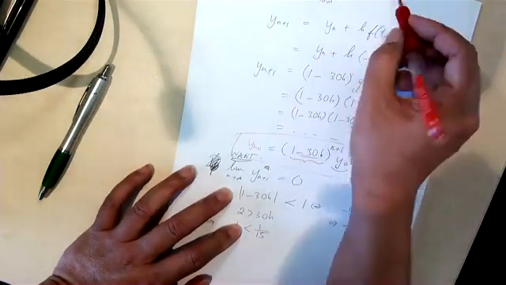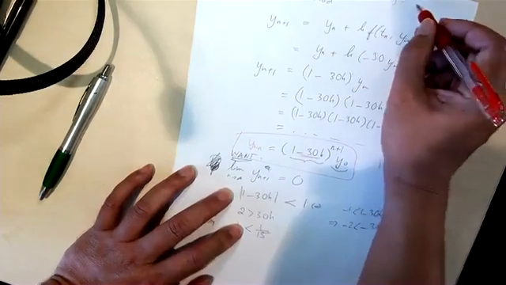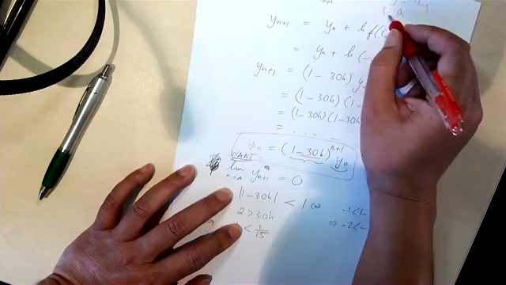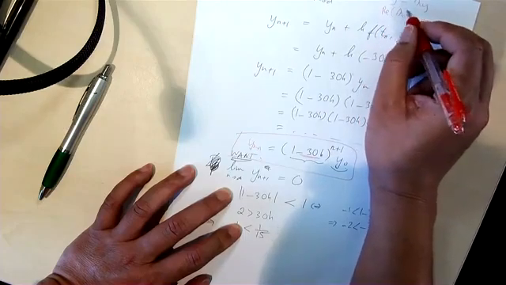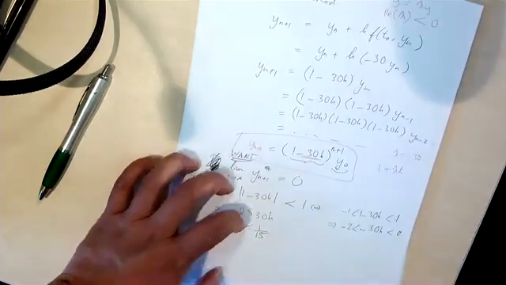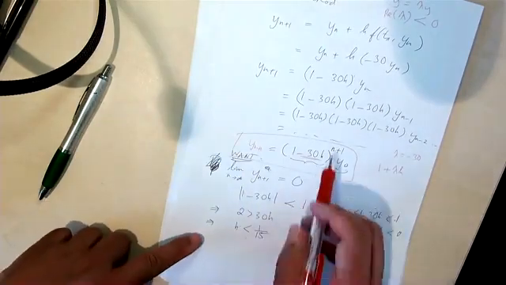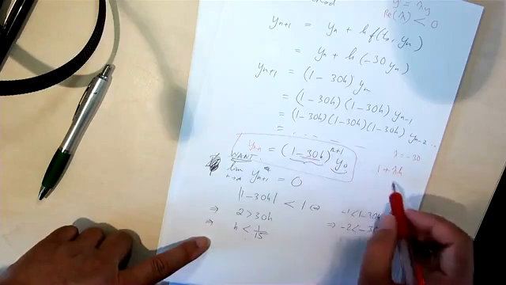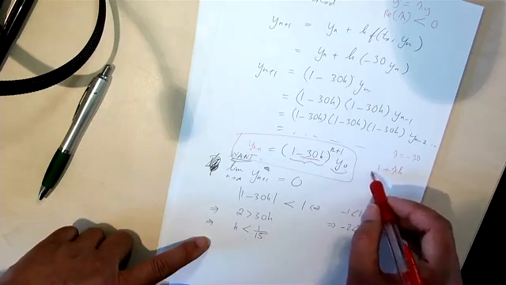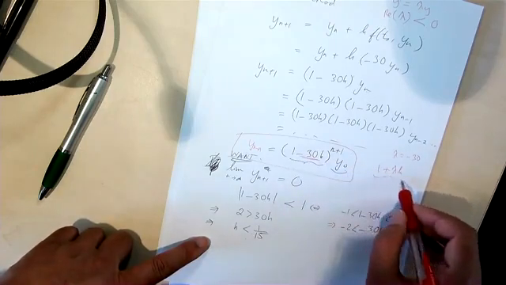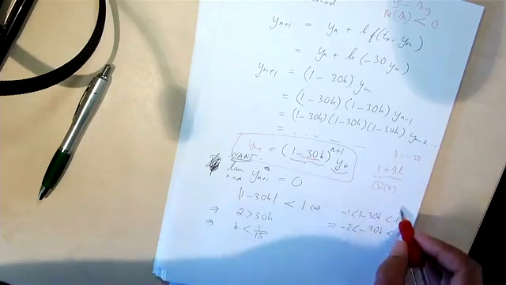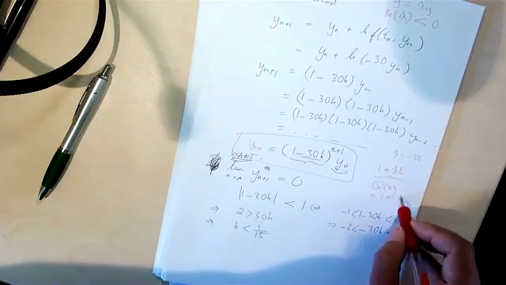Remember, we consider y prime is lambda y, and lambda has a negative real part. Okay, so in this case lambda is just equal to minus 30, so this one is 1 plus lambda h, and so Q of z is just 1 plus z, yeah?